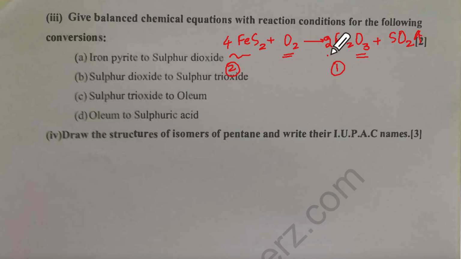How many S's do you see? 8. So my S also is balanced. Now how many oxygens do you see? 8 to 16, and 6, 22. Did you understand how to handle it in case you are disturbed?